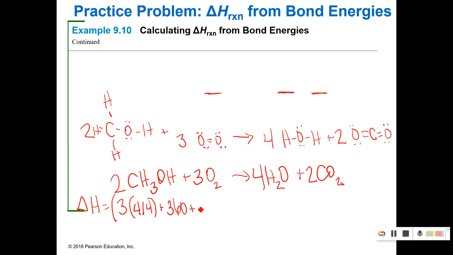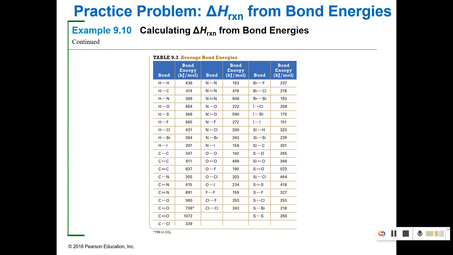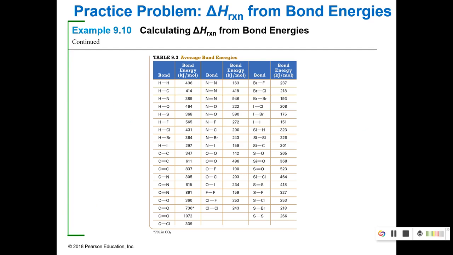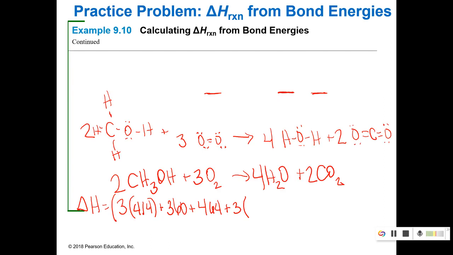Plus 1 OH, 464. Plus 3 of the O double bonds. There they are, 498.